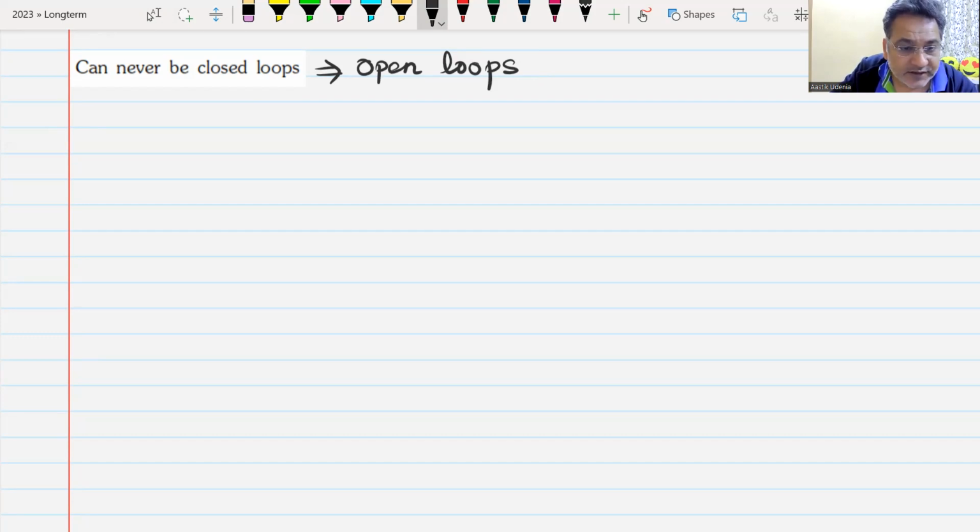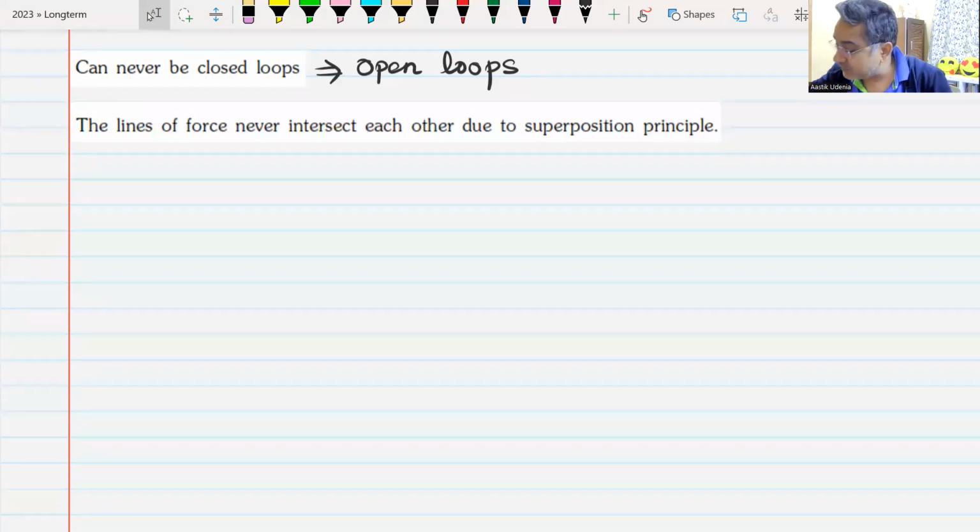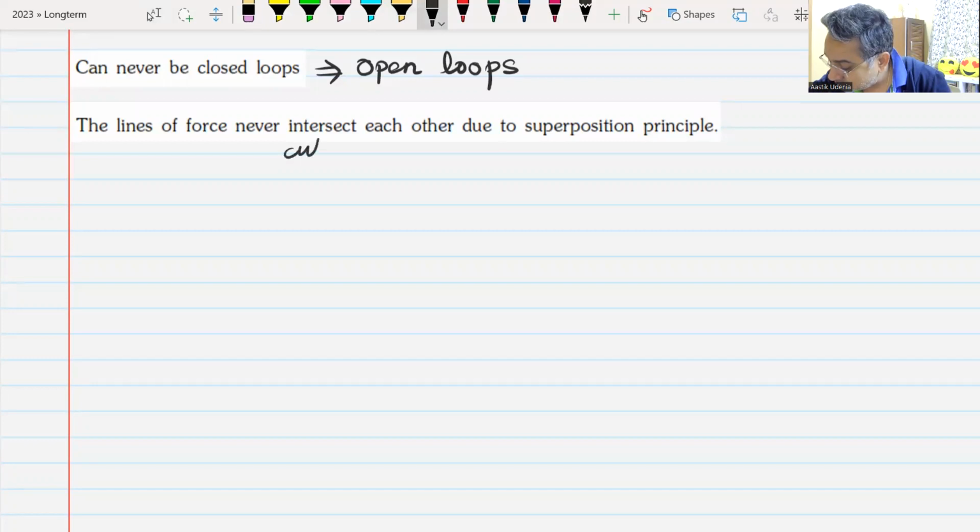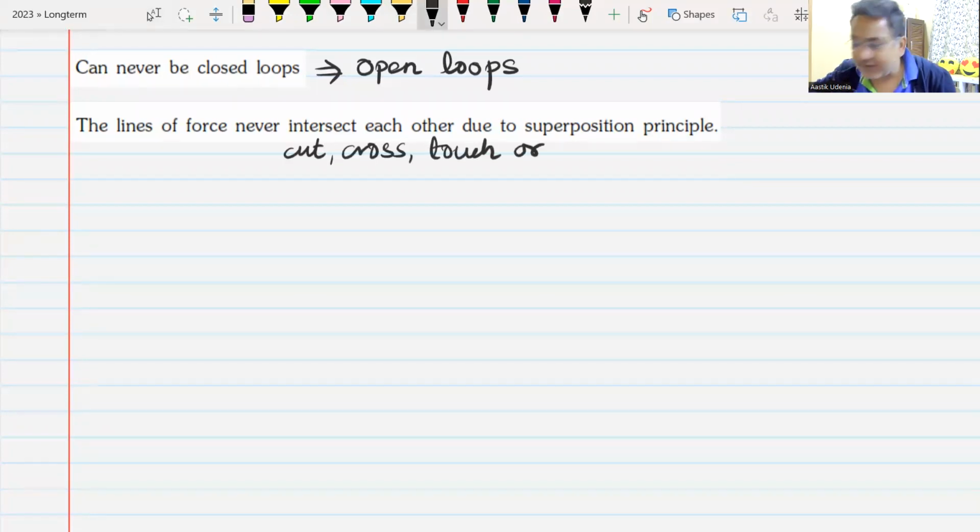The next point is that electric field lines can never cut, cross, touch, or intersect each other, because if they do, at one point you will have two directions of electric field, and that is not possible.